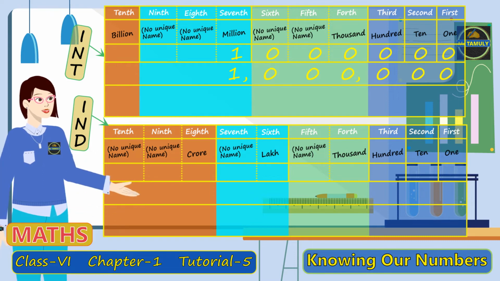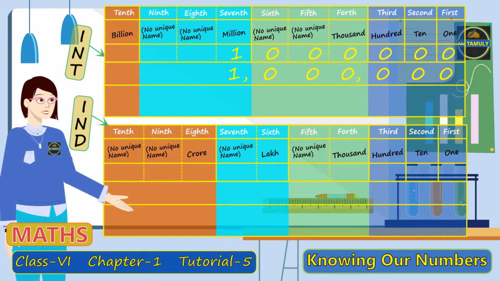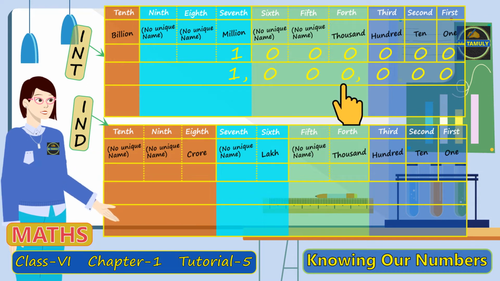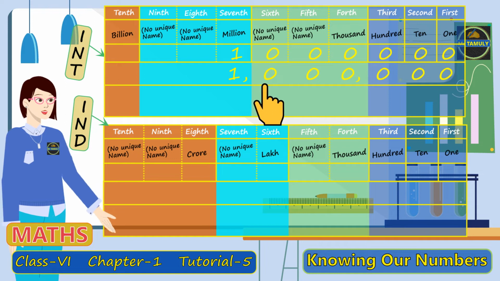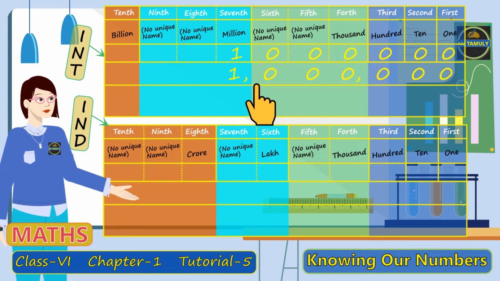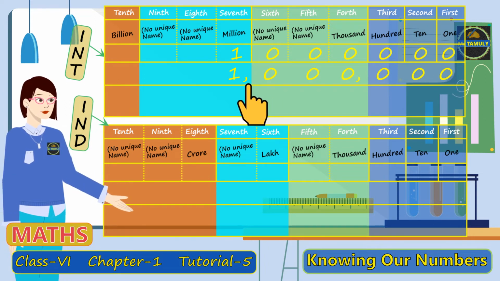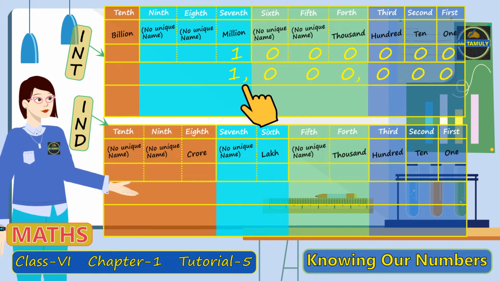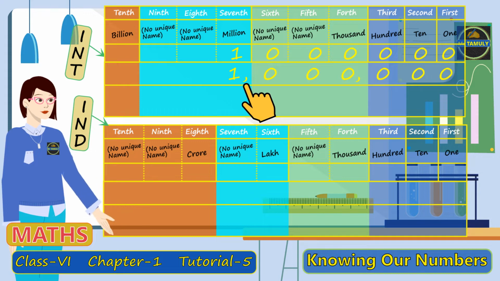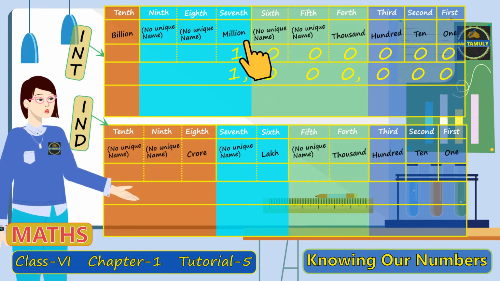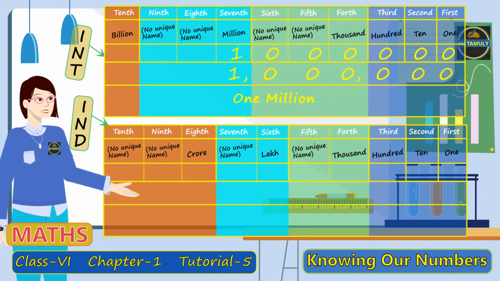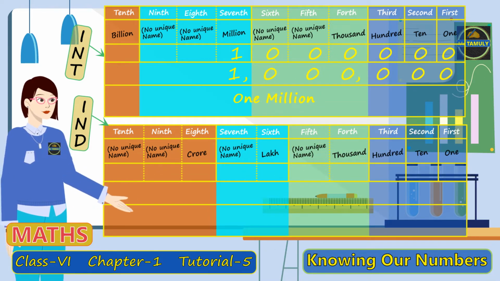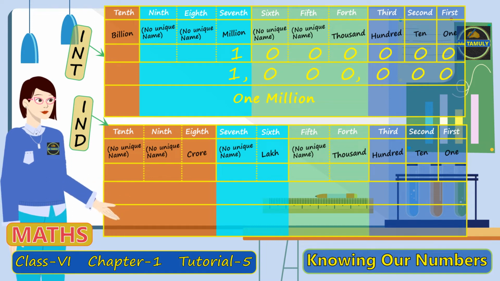I have already told you that in the international method of naming numbers, the 4th, 5th, and the 6th positions are treated as combined positions. Therefore we have separated these positions by use of commas. Now, as you can see, the number in the 7th position is to be named million. So we can write 1 million. As the rest of the digits in our number are all zeros, we do not have to write anything else.